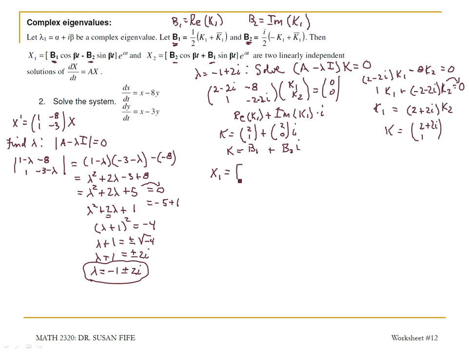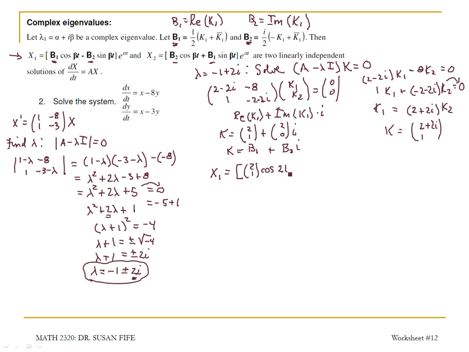X1 is, and up here I'm looking at our solutions, X1 is B1 cosine beta t. So I have B1 is the vector 2, 1 cosine beta t, and beta, the imaginary part of our eigenvalue, is 2.